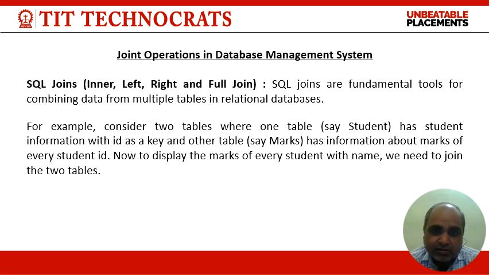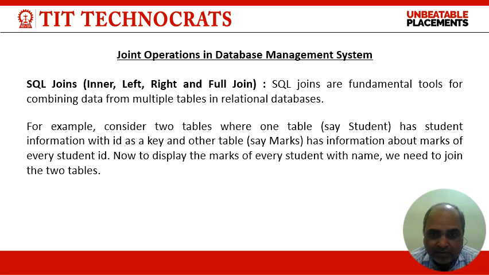For example, consider two tables where one table, say a student table, has student information and ID is a key, tagged as a primary key. Why tag a primary key? Because if we want to make a column unique, we can tag a primary key on those columns.